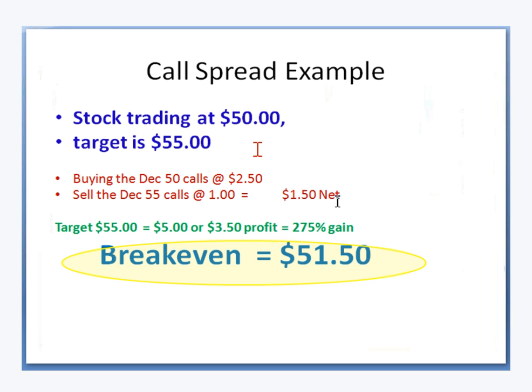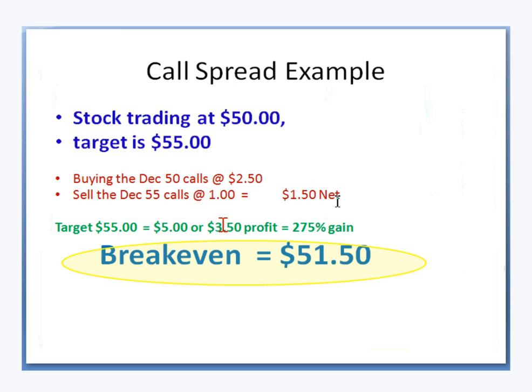Let's say it has gone to 60, well, the December 50s are now worth $10. That's how much somebody's going to pay you when you sell it. And you're going to have to buy back the 55s when it's at 60, at $5. So anything above 55, you're going to net $5.